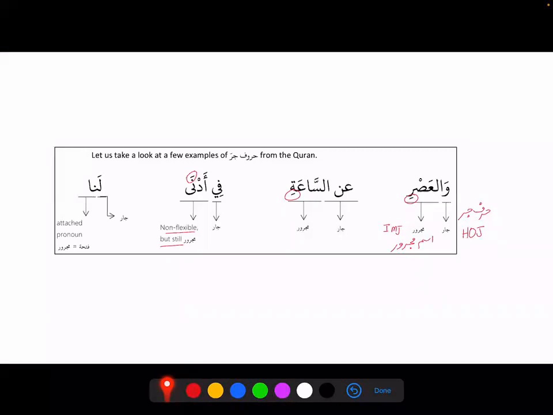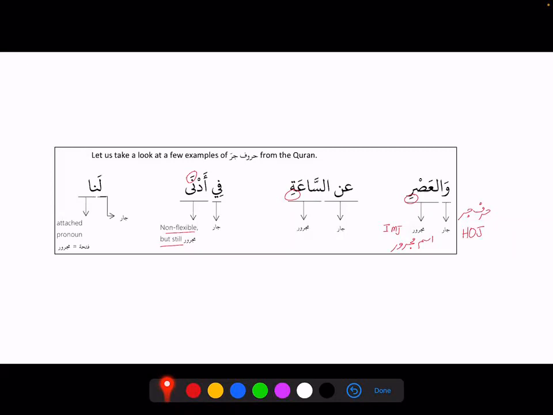So you know the meanings of all these Harf-Jar. Then you need to read the translation and see whether it is Harf-Jar or playing the role of Harf-Jar, because I said that these words, their job is not only to be Harf-Jar, rather they can be something else as well.